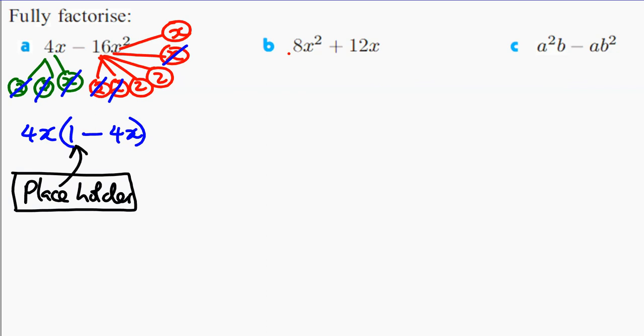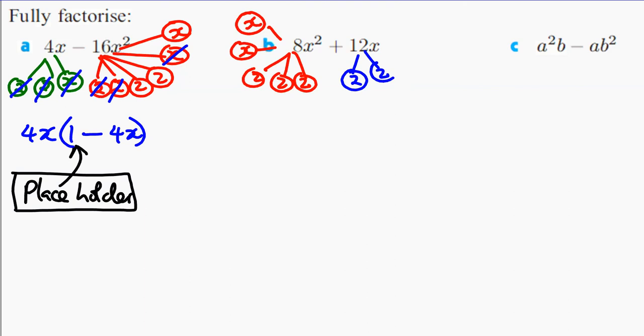Here, 8 is 2, 2, and 2, and of course you'll have x and x. For 12, you'll have 2, 2, 3, and x.